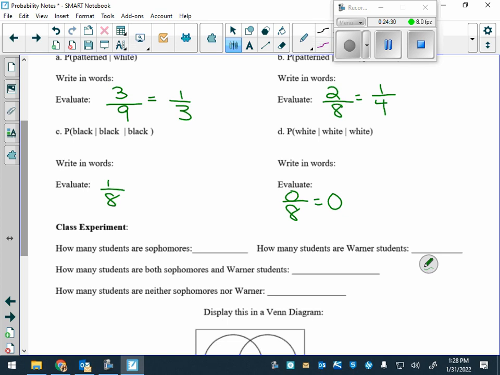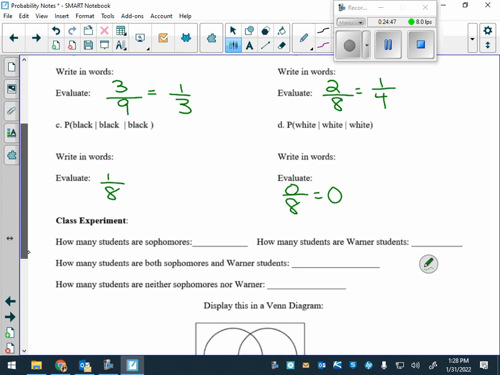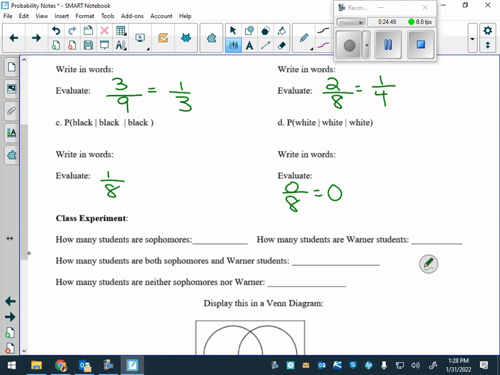Okay, we have no whites left. 2 white masks were already selected, so we're down to a denominator of 8. We only had 2 white masks, so we can't choose a third one.